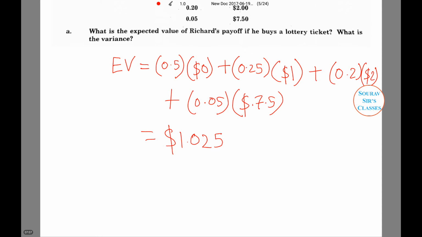Similarly, variance is the sum of square deviations from the mean. Here we see $1.025 is weighted by the probabilities. We denote variance by sigma square.